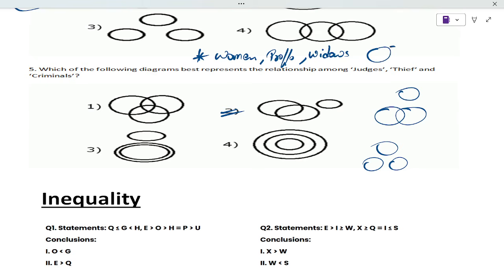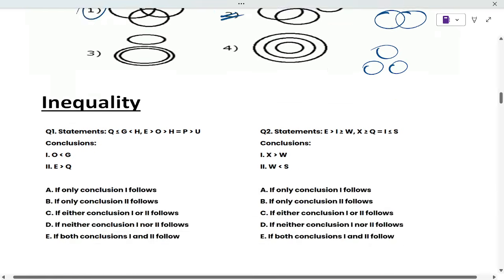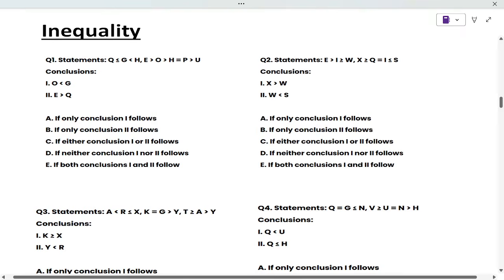Women and widows have a relation, because not every woman is a widow, so only some women are widows. And professors can be women, and a widow can be a professor. So the answer will be this diagram. Alright, now let's go to the next topic, inequality.